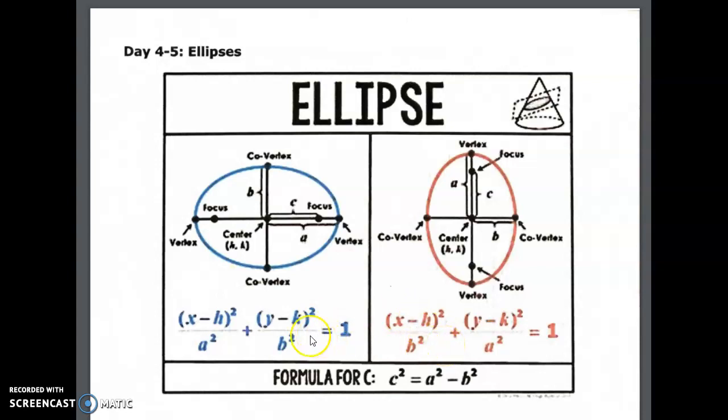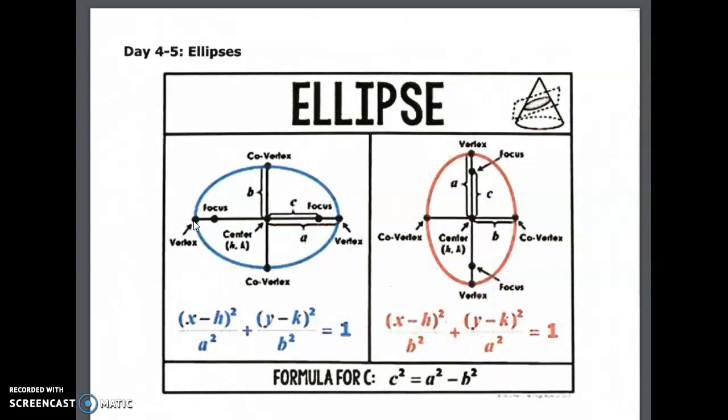Notice that the only difference in the equations is the positioning of the a squared and the b squared. Basically, if you take a look at the diagrams, a is the length from the center of your ellipse to what we call the vertex, or the endpoints of the major axis, so named because it's the longer of the two axes.